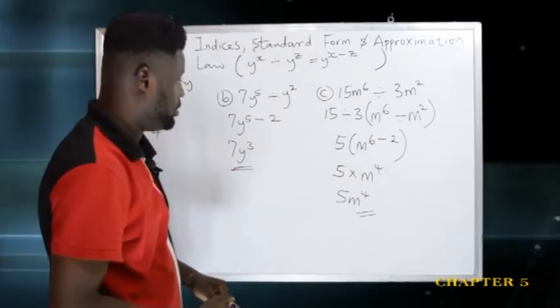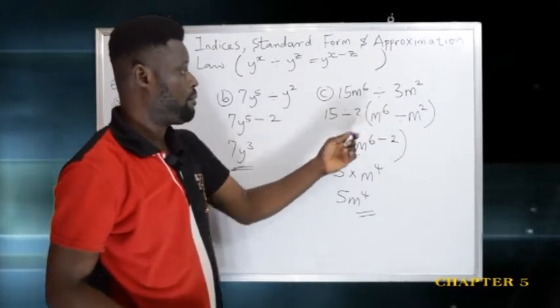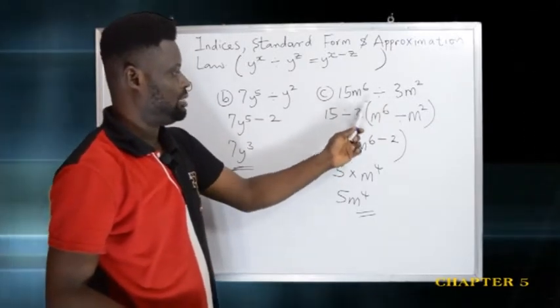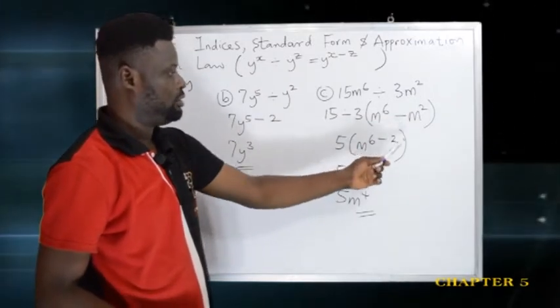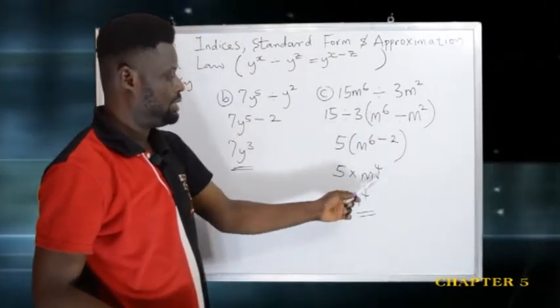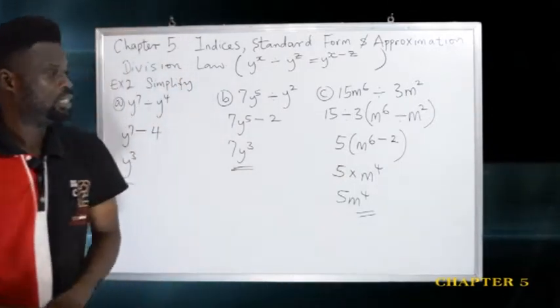We take them one by one, the numbers to the numbers, they divide, and the letters to the letters, they divide. This will give us 5. You minus the powers, and you get it. So it's simple. So the next stage.